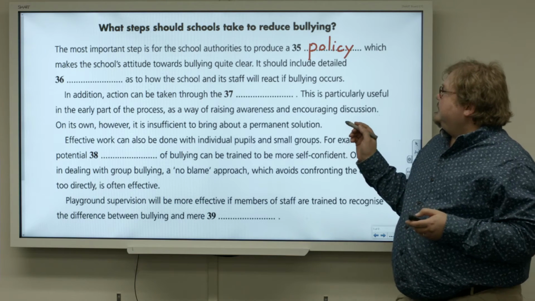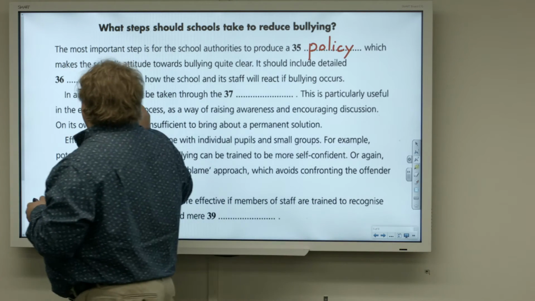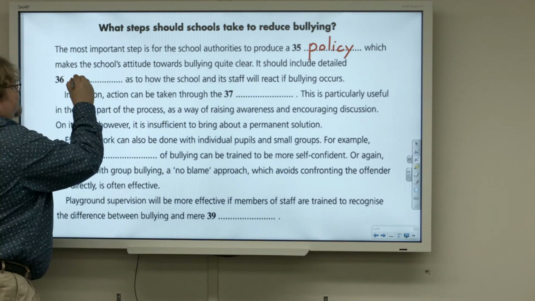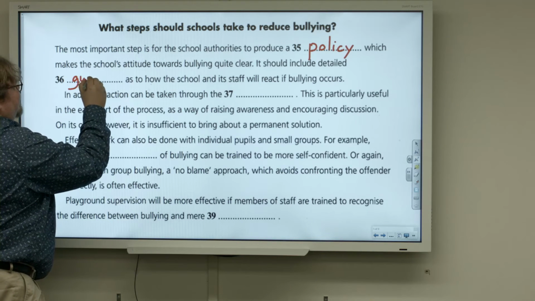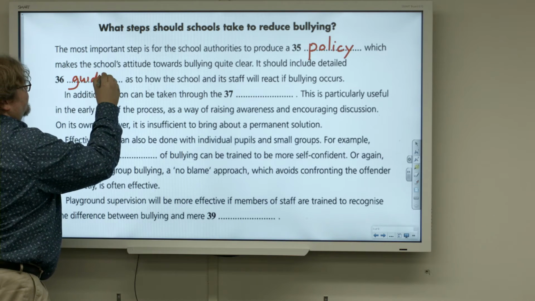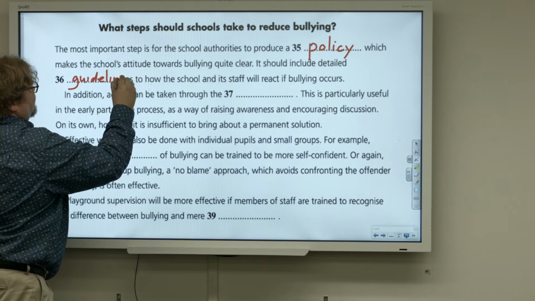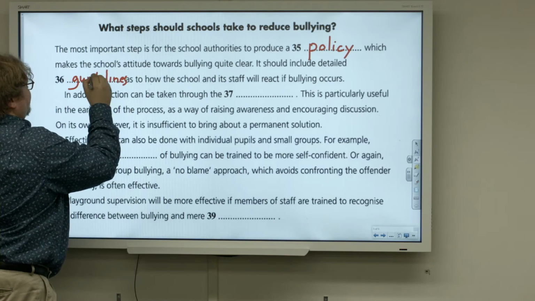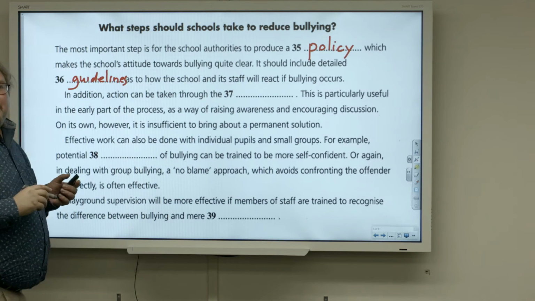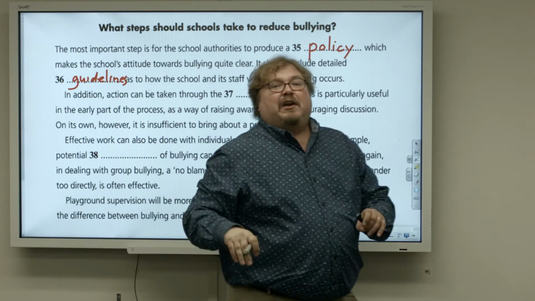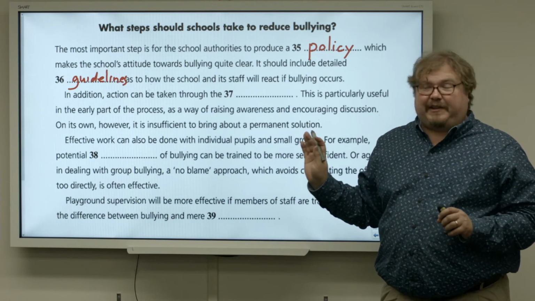It should include detailed guidelines. Remember, if you're not sure of the spelling, go back and check because spelling counts.